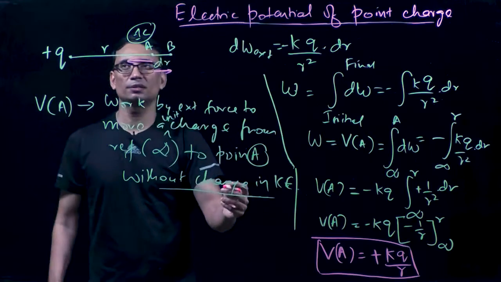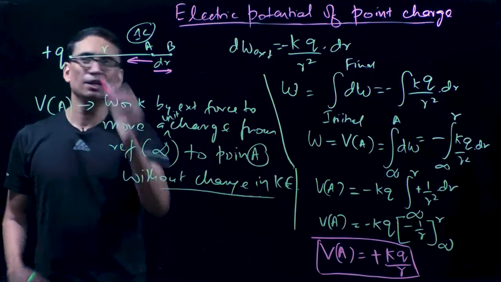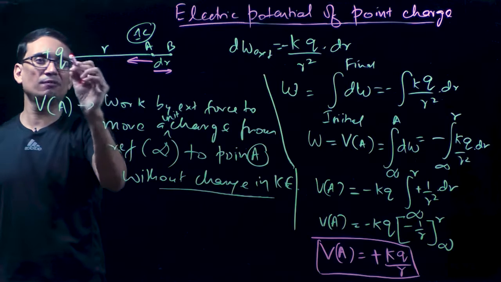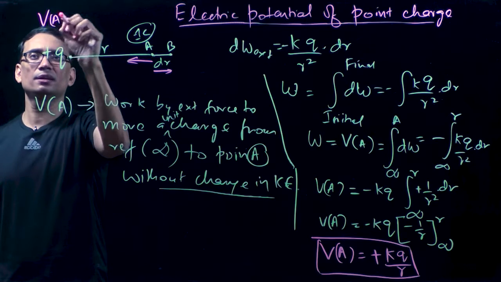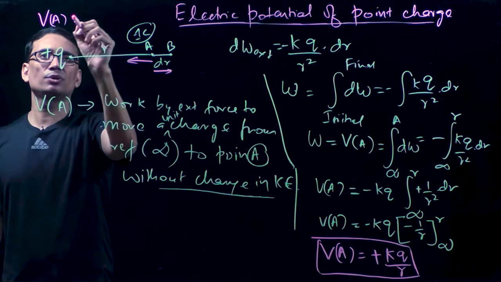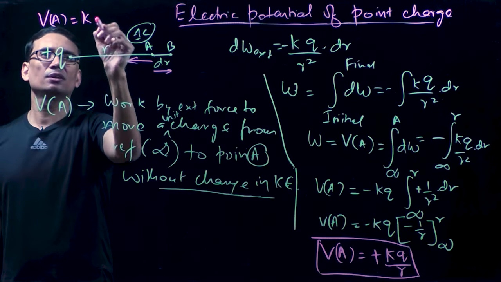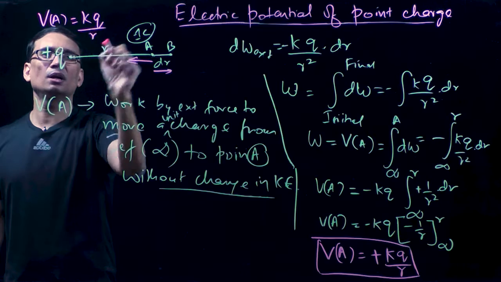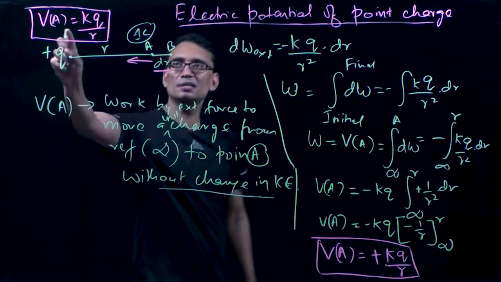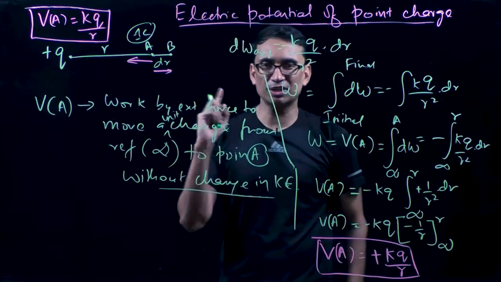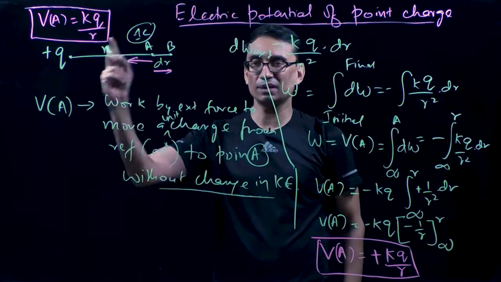Let me write it here at the top so you can see this carefully. The electric potential at point A, which is a distance R from here, is going to be KQ upon R. Very simple formula. Now a few things to note. Is this a scalar or vector quantity? It's not a vector, it's a scalar quantity.